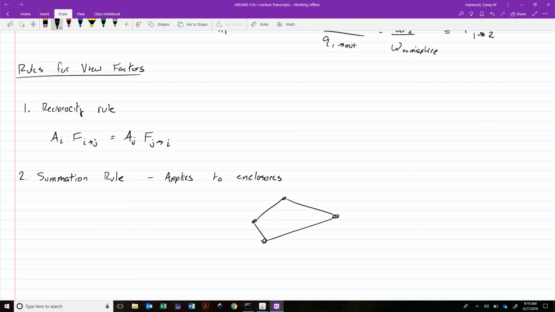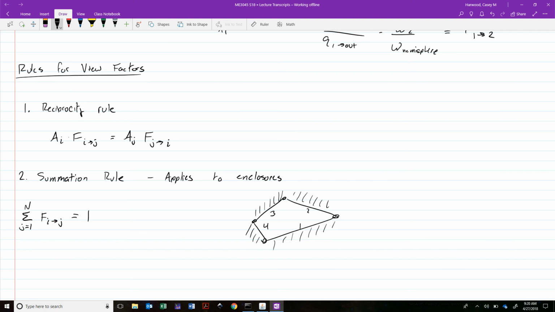So let's say we've got an object like this, where the radiation is occurring on the inside of this enclosure, and we've got 1, 2, 3, 4. So 4 surfaces making up this enclosure. It can be any number of surfaces, though. What the summation rule says is that the summation from j equals 1 to n of Fij has to equal 1.